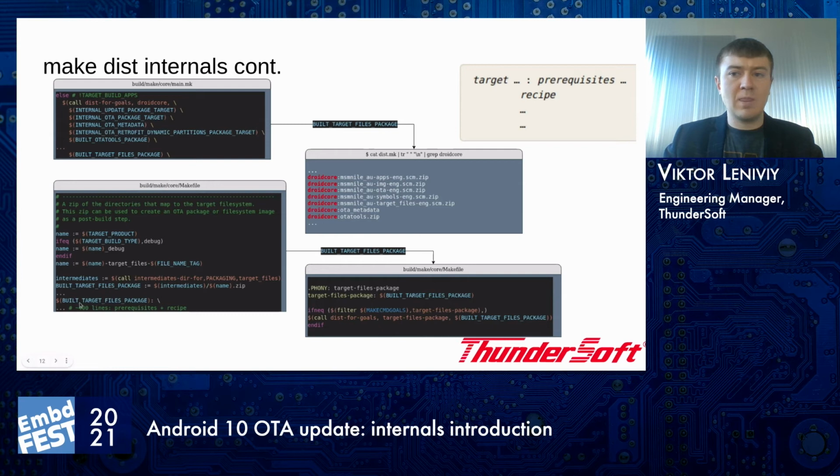And the target itself, this is the makefile target for the target files. It includes, and you can see after the semicolon, more than 4 lines of prerequisites plus recipe, and most of them also have dependency on something else.